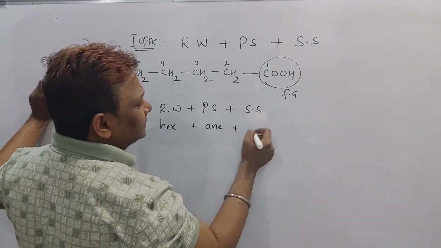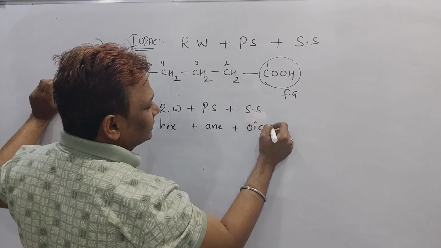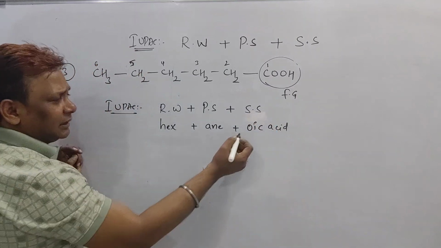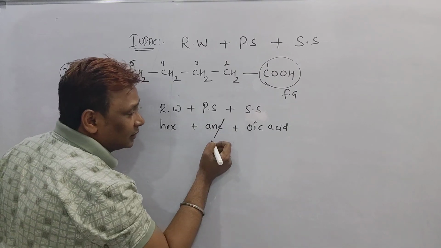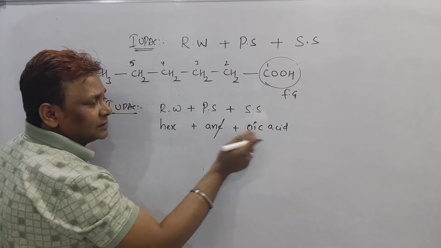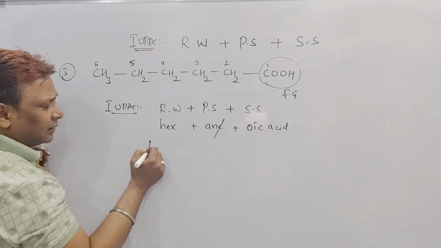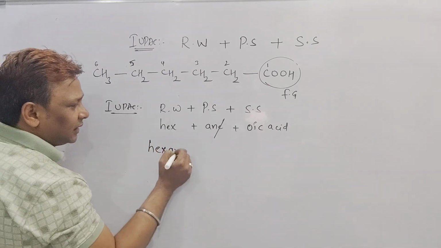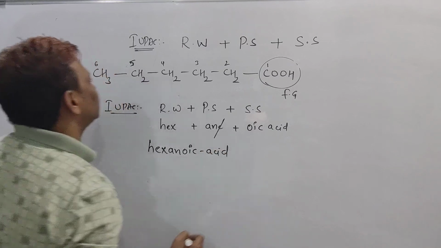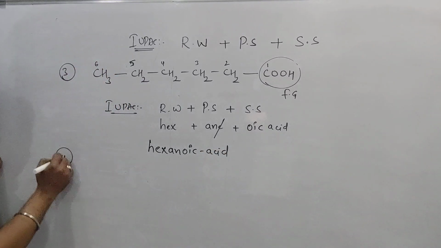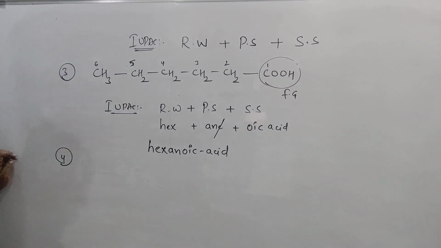We have acid, so I should write OIC acid. While writing this, the E of the alkane, alkene, or alkyne should be replaced with the secondary suffix. So the name will come as HEXANOIC acid, hexanoic acid. Right?